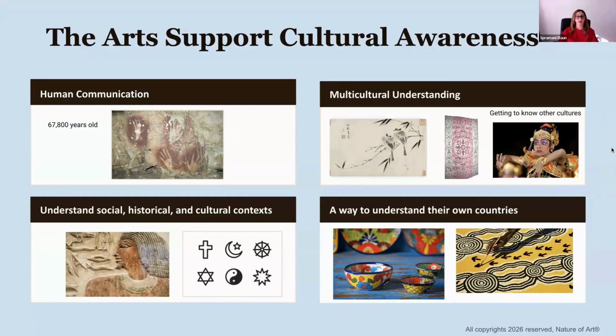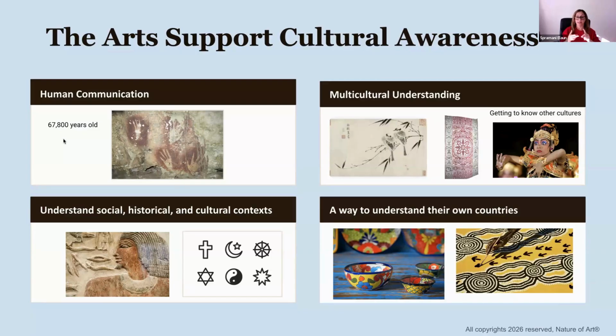Okay, so if we look at the top left corner here, I have human communication. You guys know this already, but I really want you to think about this, that art is very old, and we, as humans, have been communicating visually already. When we look at the oldest artwork that has been discovered in caves and on walls, what I'm seeing here are our elements.